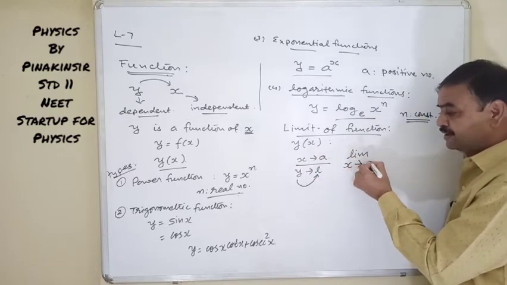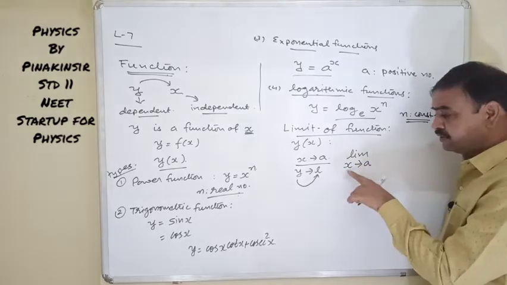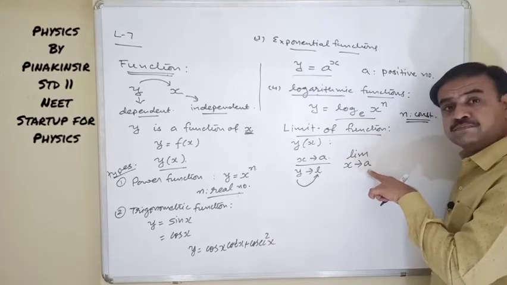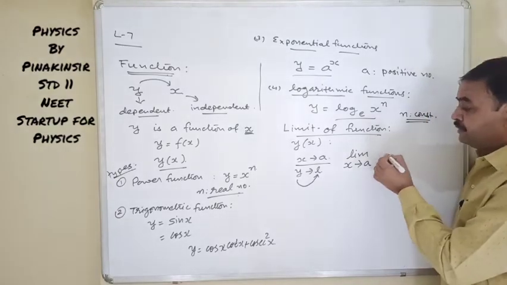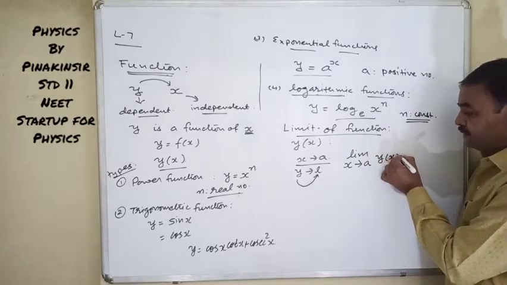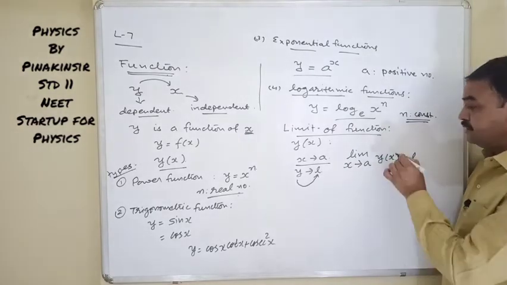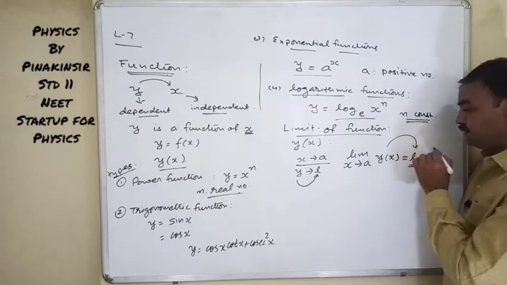If x tends to a, that means the value of x is approaching some fixed value a, and the value of y is approaching some fixed number, it is said to be the limit of that function.